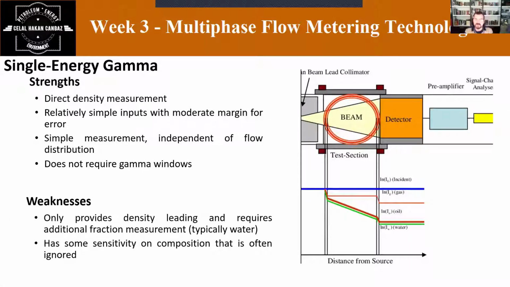So the weaknesses: it only provides density reading and requires additional fraction measurements, typically water. So it's not good for water measurements here, okay? This is the earlier version of the dual energy gamma systems. Because of that, it has these side effects. It has some sensitivity to composition that's often ignored.